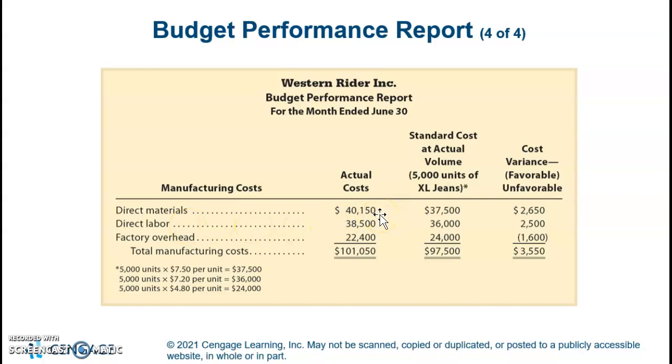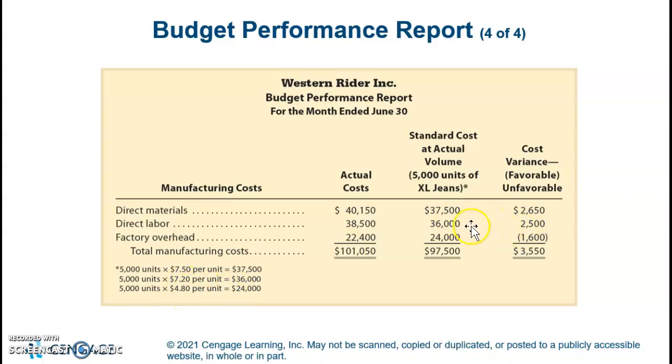These were the numbers that were just given to us. And then we're going to multiply to get our standard cost at actual volume, which was 5,000, times our standard cost down here. So everything is 5,000 because that was the actual we produced, times our standard cost.